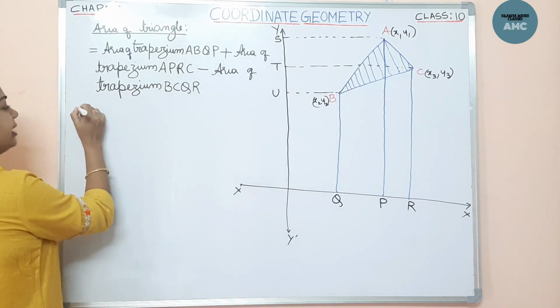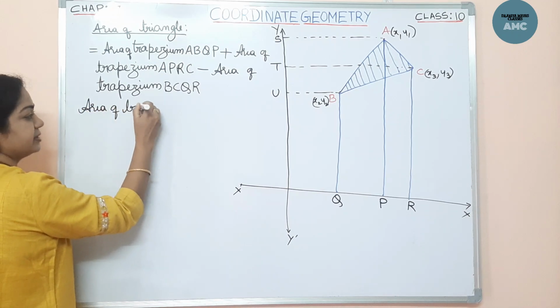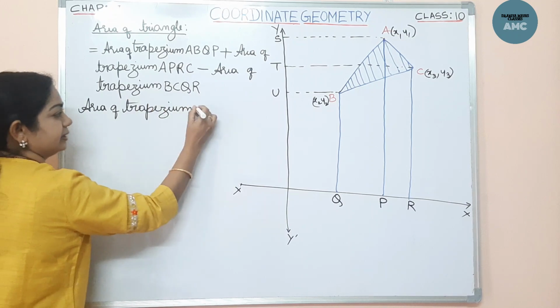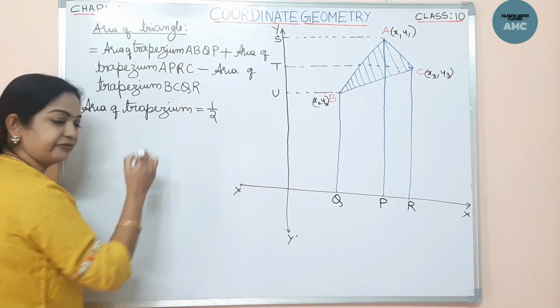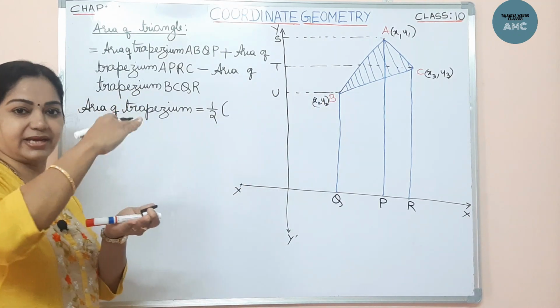Now, what is the area of a trapezium? General formula, area of trapezium is, this is a quadrilateral, isn't it? It is equal to half. The trapezium has parallel sides, isn't it?